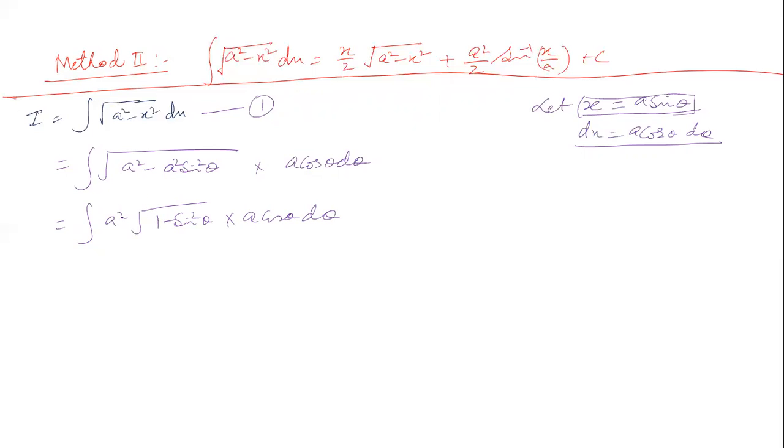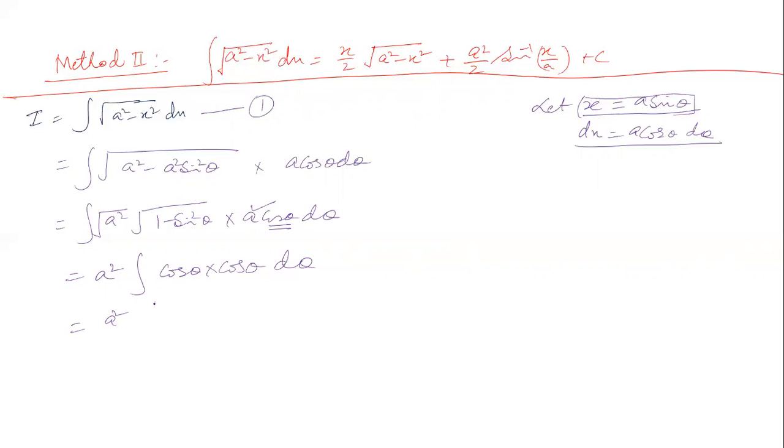Square root of a square would be a only, a into square root of 1 minus sine square theta, which would be cos theta, into cos theta as it is d theta. A into a would be a square.